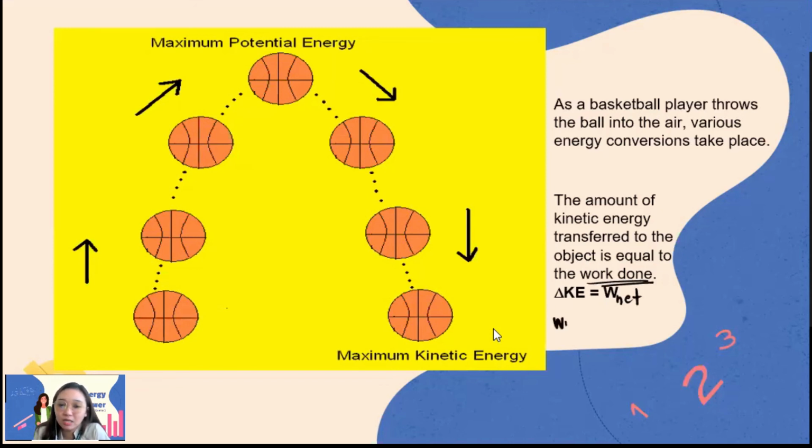Okay? So meaning, net work is also equal to KE final minus KE initial. Okay? Any question regarding this one? So, pwedeng dalawa yung ways mo ng pagkuha ng net work. Pwedeng through forces and displacement or pwedeng through the energy perceived by the object. Okay? Which is given the equation delta K.